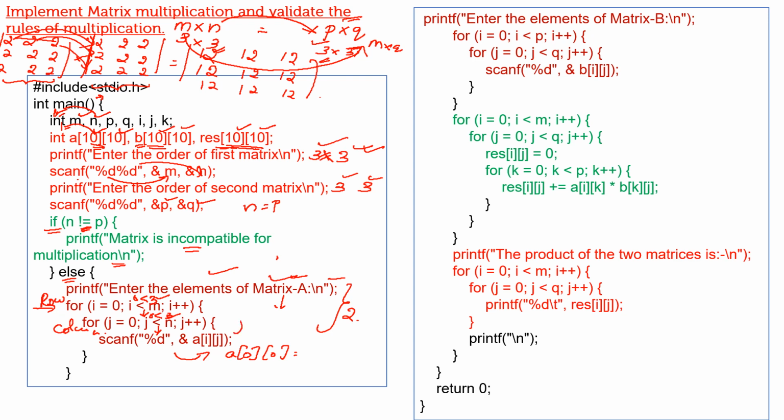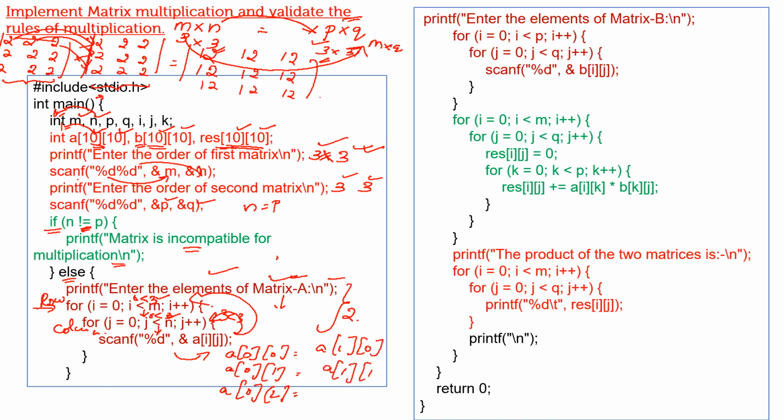Similarly, now it is in the inner loop itself. So j will be now incremented. Now what will be happening? A of 0, 1. Okay. Similarly, a of 0, 2. 3 elements will be entered. After that, when j becomes 3, 3 is less than 3, it is false. It goes to the upper loop. Now i will be incremented. Again j will be initialized to 0.